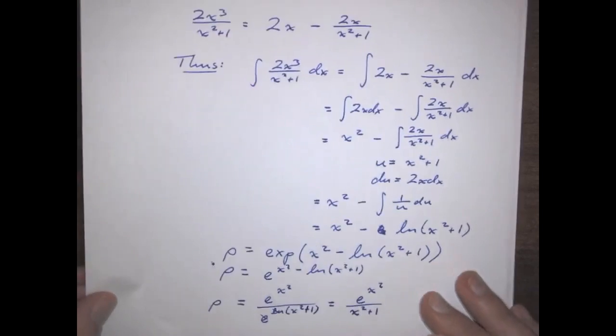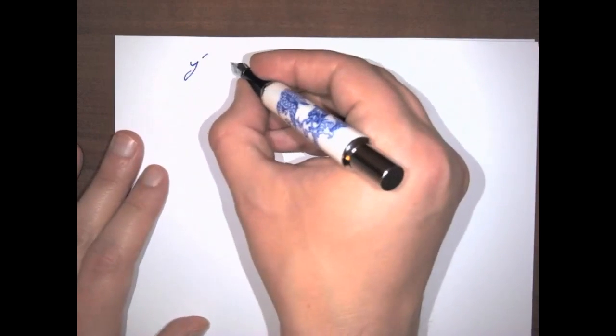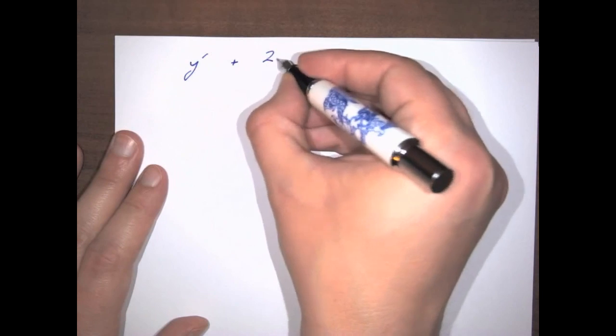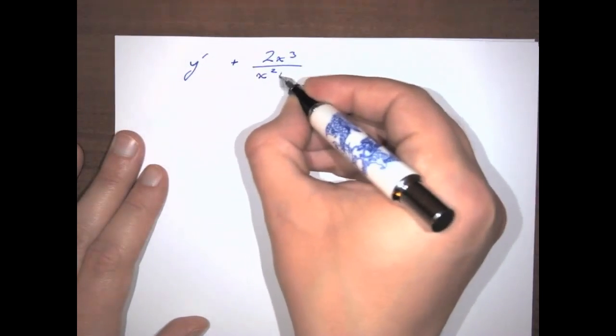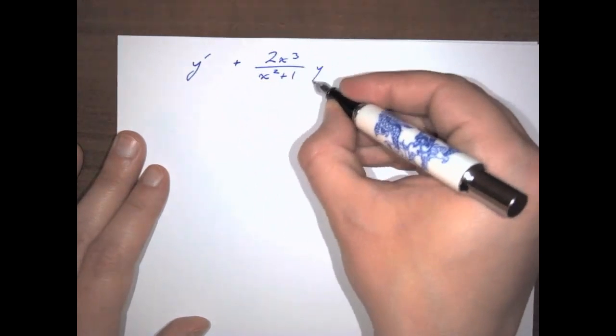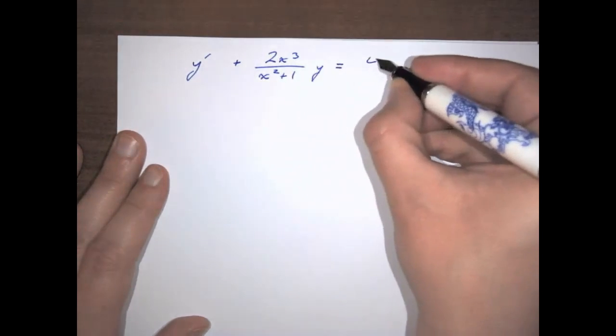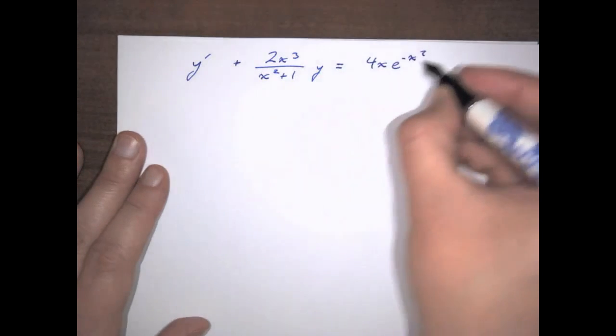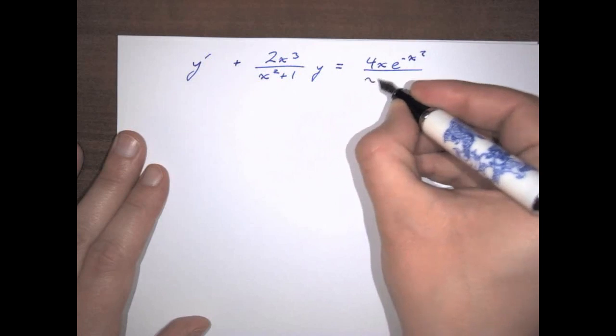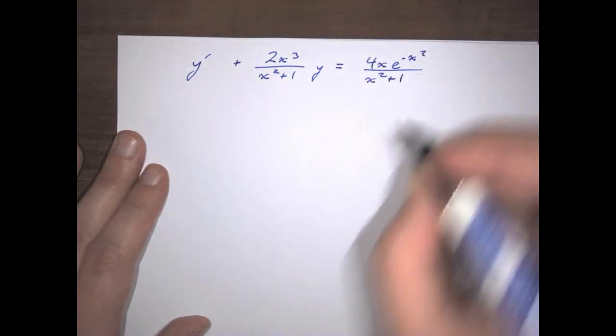So remember where things stood prior to doing that polynomial long division in that integral. We had y prime plus 2x cubed over x squared plus 1 y is equal to 4x e to the negative x squared, all divided by x squared plus 1.